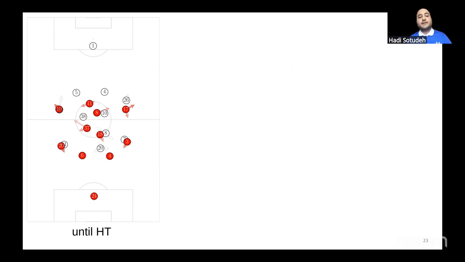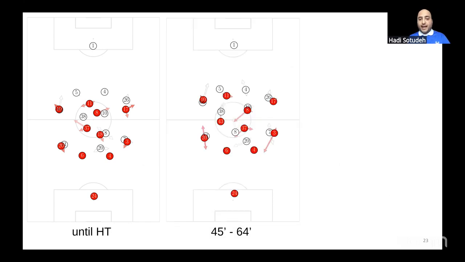So this is what we see until halftime. And at halftime, we said there is a substitution for United. So they took number 18 out and they brought number 43. And you can see exactly what we also saw in the time series, that 43 played on the left and 37 moved to the right. Still, maybe 4-2-4 for United and 4-2-3-1 for Liverpool.